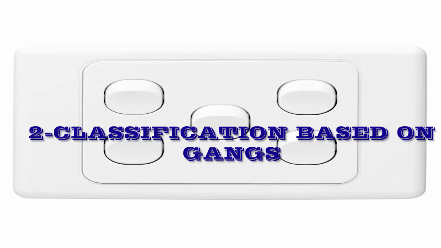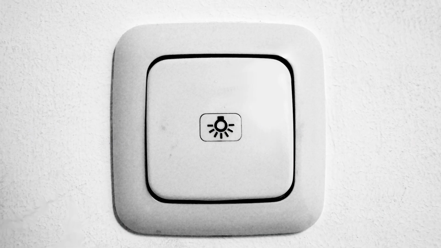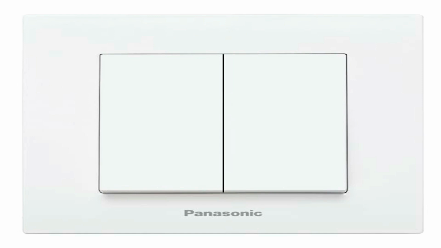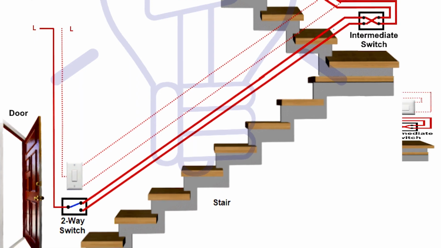We can also classify switches based on the gang, I mean the number of switches in a single plate. We have a one gang switch, which has only a single control in the plate. We have the two gang switch, which has two controls on the plate, and a three gang switch with three controls on the plate.